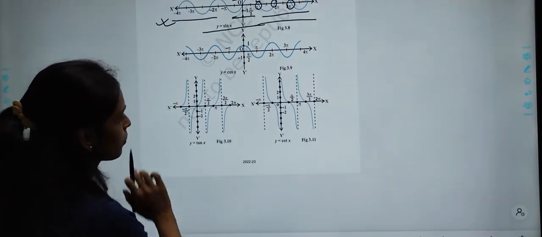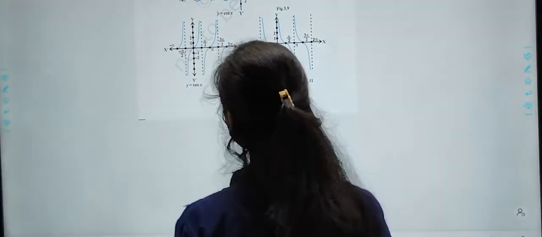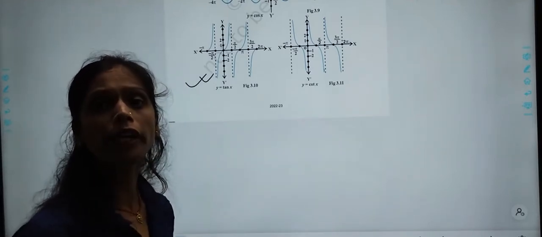Tan theta. Okay now, this is a tan theta graph. You see here, this is a tan theta graph, and you can see here the domain and range.